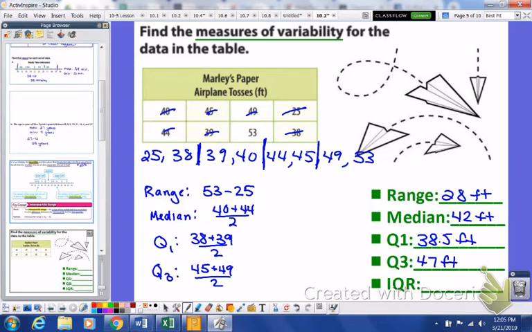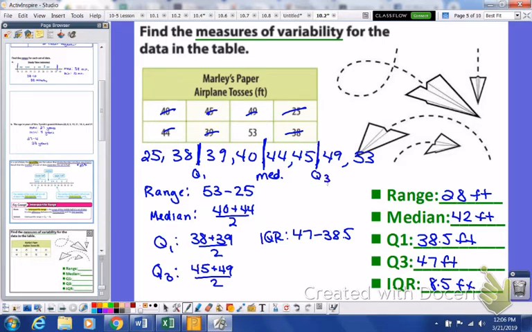And then kind of squeezing over here, your interquartile range, 47 minus 38.5, which gives us an IQR of 8.5 feet. So again, this is our median. Here's our Q1, and here's our Q3.